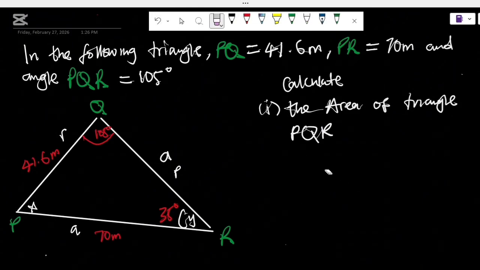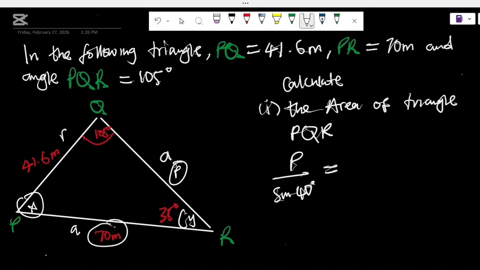Here we are going to have this side P, the sine of this angle, which is sine 40. Remember that the angle at P is actually 40. And we can use this side here, which is A. Notice that it is 70. And this is going to be over the sine of this particular angle, which is 105 degrees.